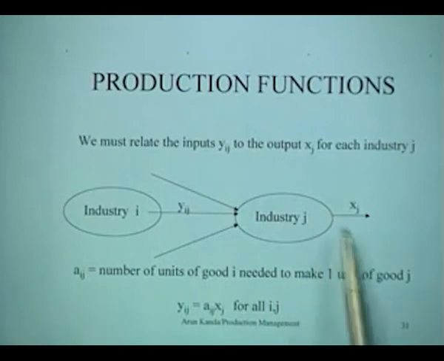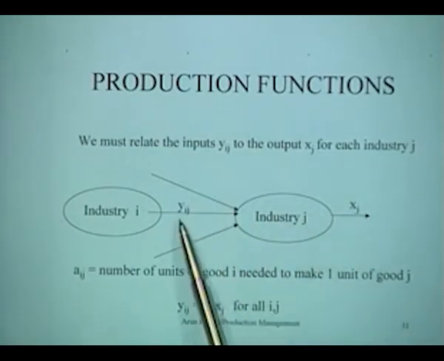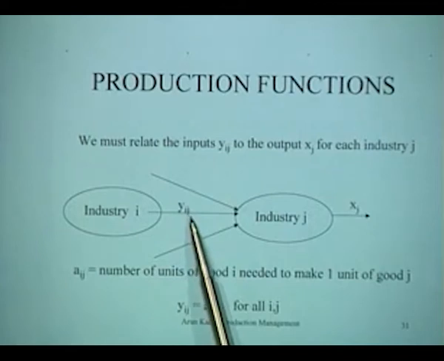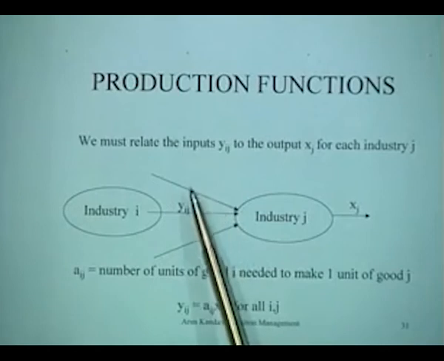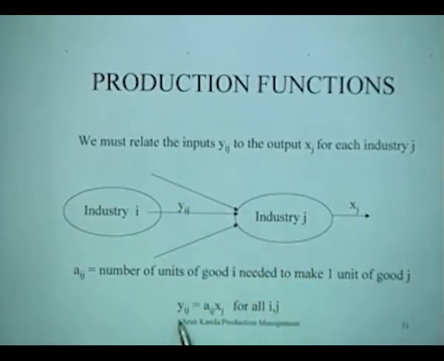If I make a 2 kg cake, what would you need? You would require 2 into 750, that is 1.5 kg of maida, and 2 pinches of baking powder and various other things. It is exactly in that same spirit that we are relating the inputs to the outputs here.